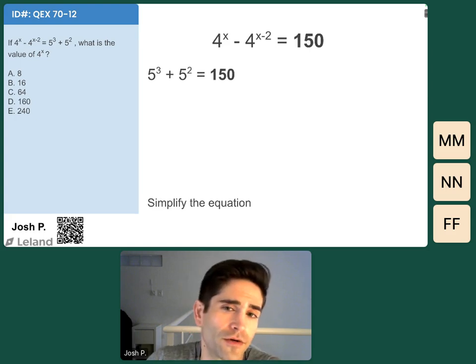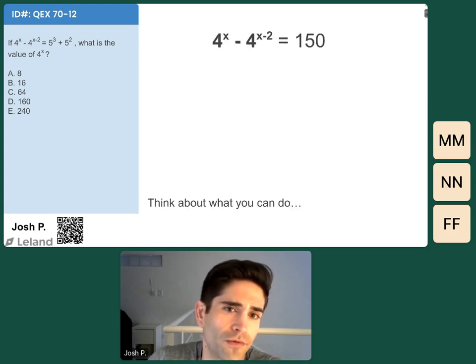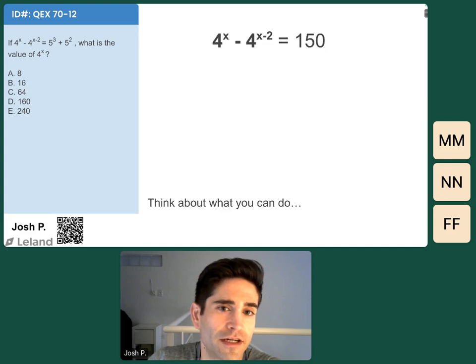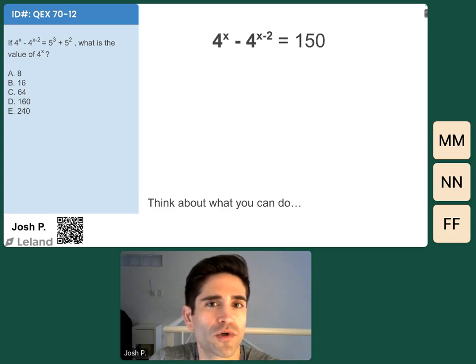Great. So we're told that 4 to the x minus 4 to the x minus 2 equals 150. And I really want you to think what you can do using all the resources at your disposal. And those resources include the answer choices.